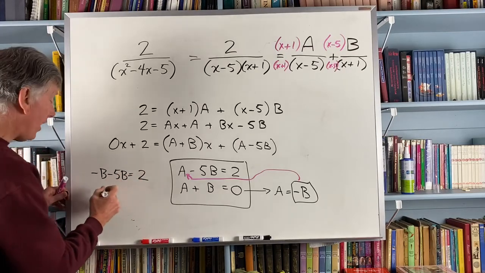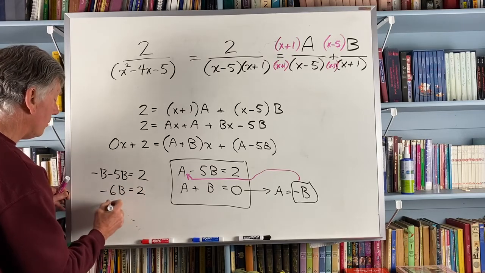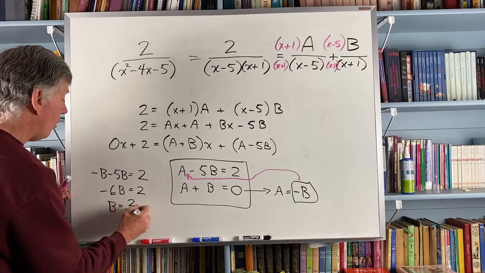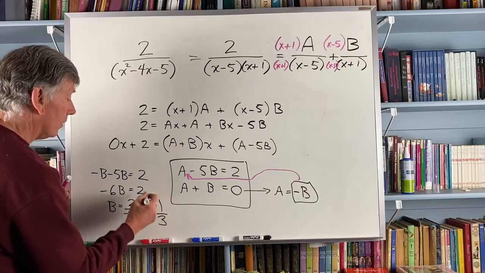Minus B minus 5B is minus 6B equals 2. So B is equal to 2 over minus 6, which is negative 1/3.